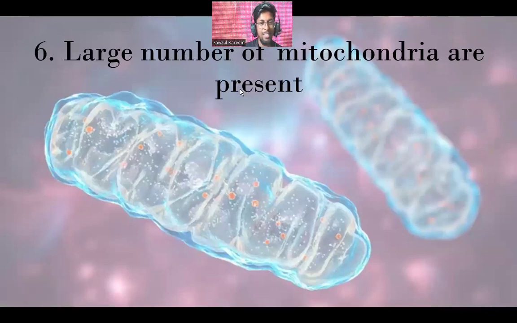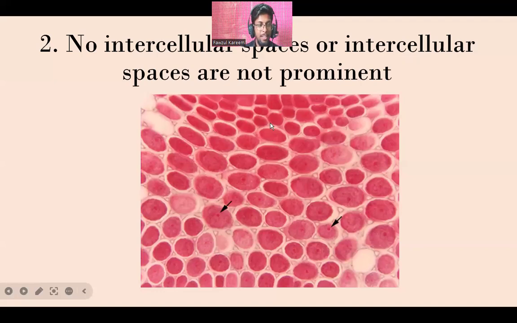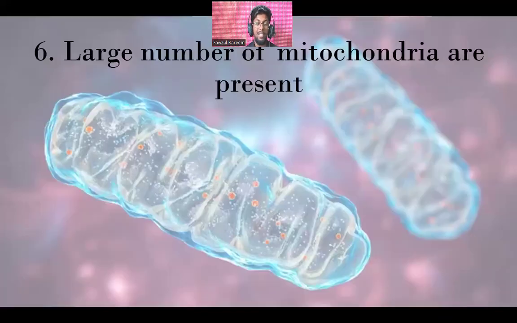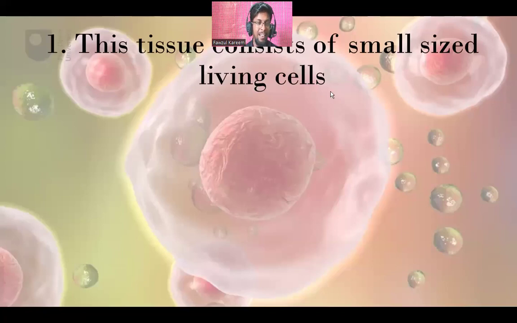Ashnaf, tell us. Absence of chloroplast. No intercellular spaces. Vacuole and chloroplast are already said. And what about they are living cells? Here they are small size living cells.